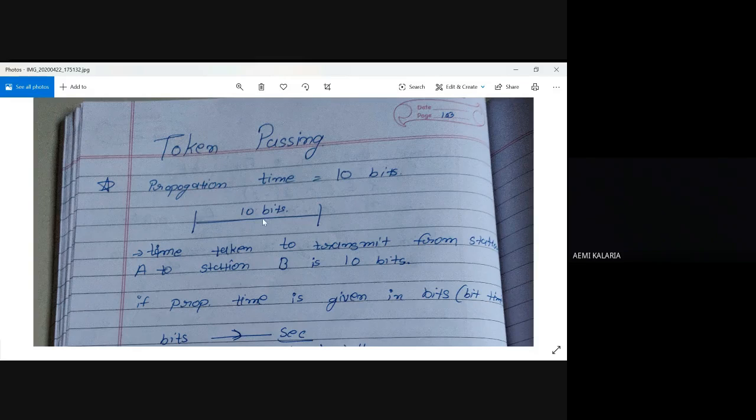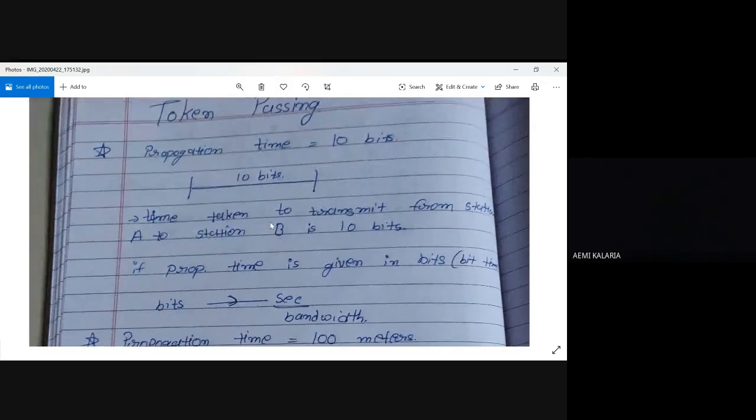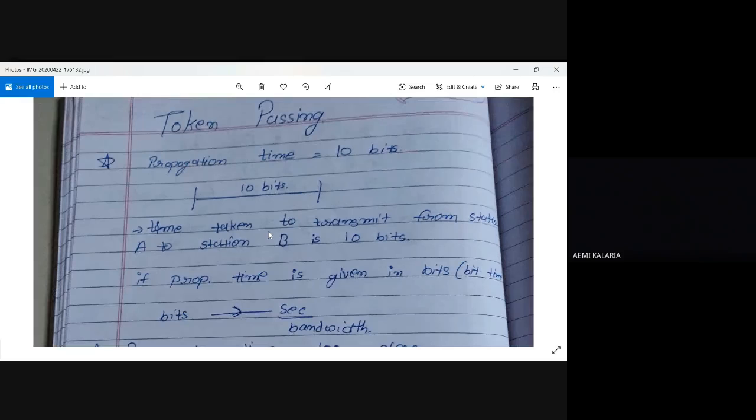But before we start token passing, I want to explain basic terminologies or basic conversions that may be helpful during token passing. So the first one is bits. Most of the time, propagation time is given in seconds, right? But let's say propagation time is given in bits, then what are we supposed to do?